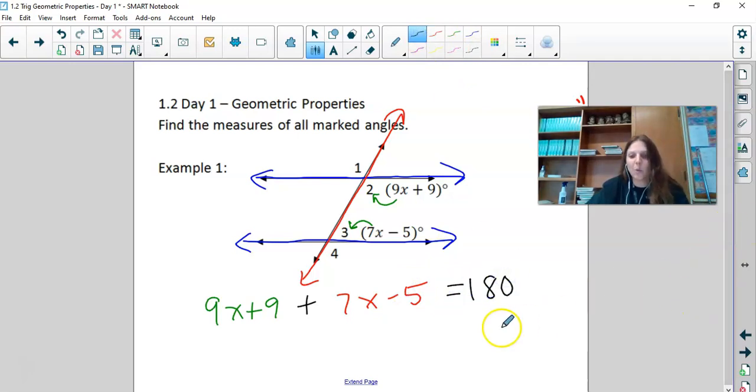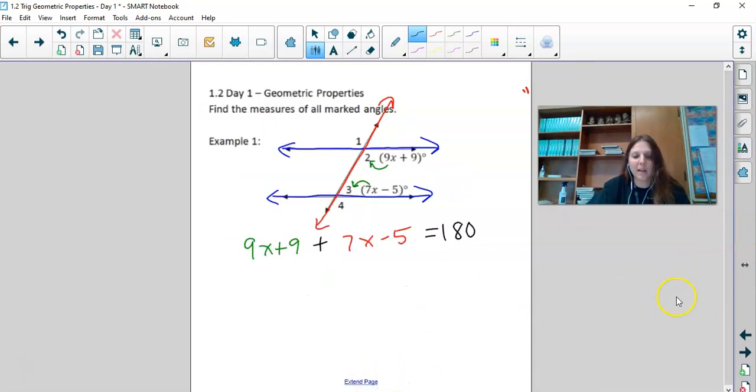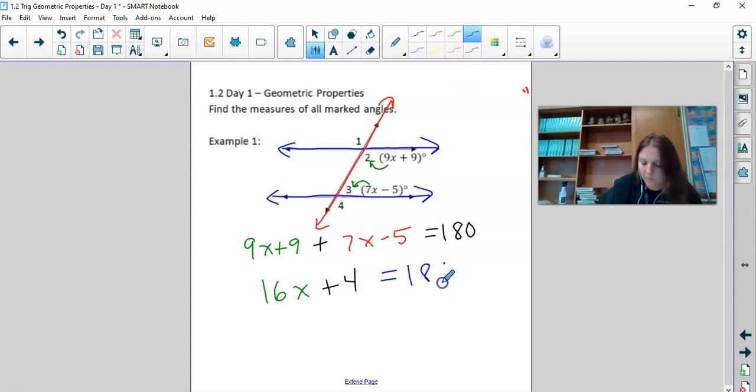The next thing you want to do is combine your like terms. So go ahead and combine your like terms, and go ahead and solve for x.